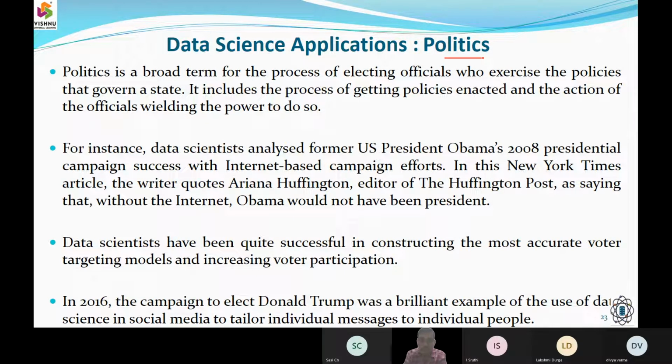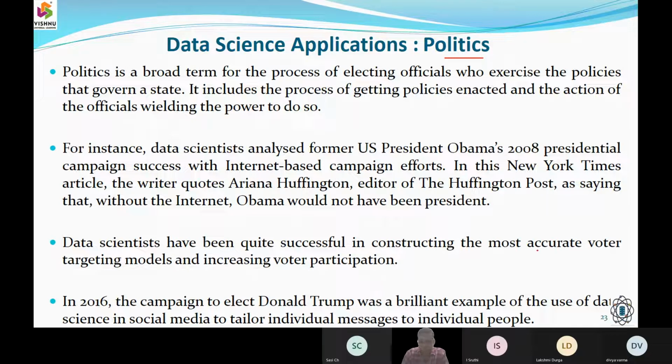Based on the tweets and posts on Facebook, they understood people's leanings towards the parties, whether Donald Trump will win or Barack Obama will win. In this way, they analyzed the data and understood the pulse of the citizens. This is where data science has been prominently used.